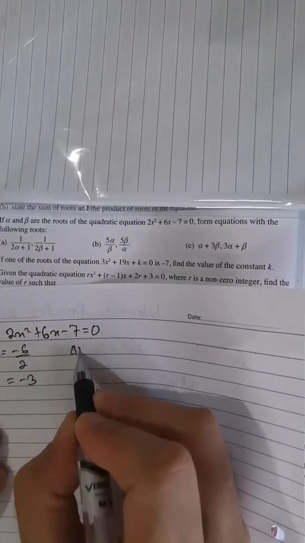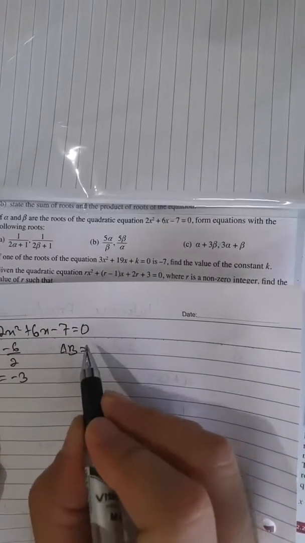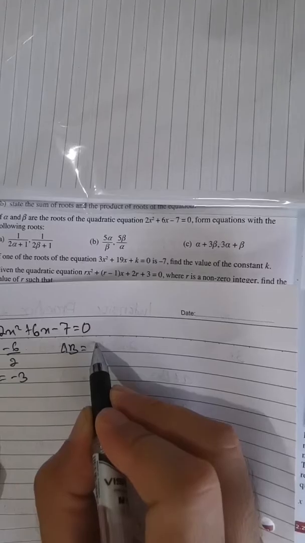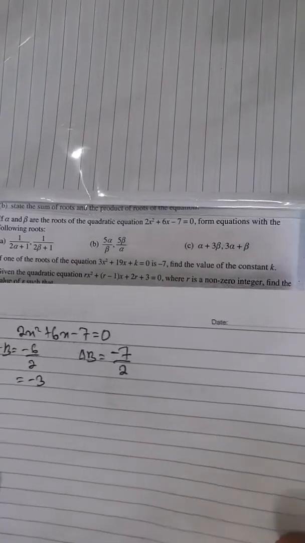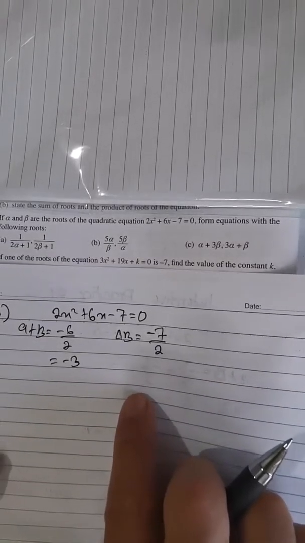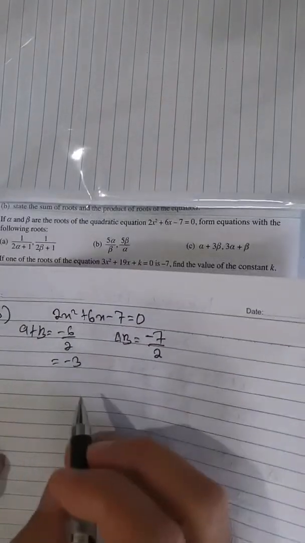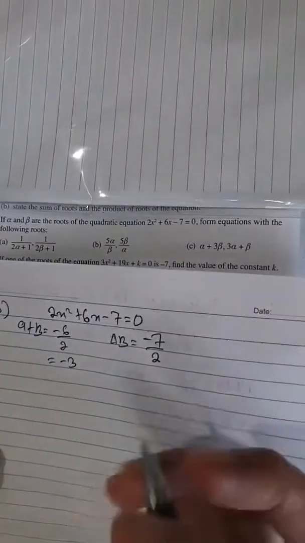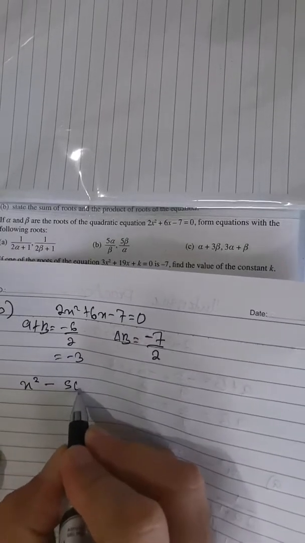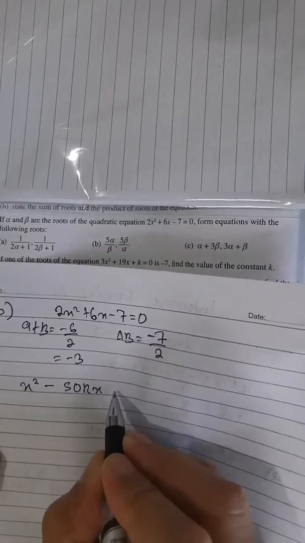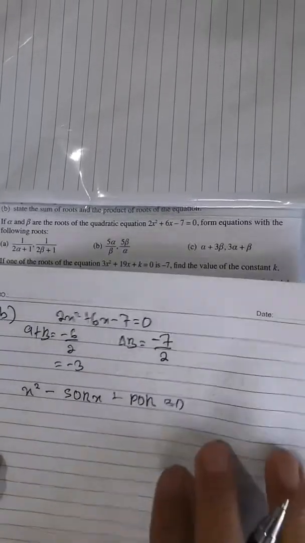The value for alpha beta, the product of roots, is c over a, which will be negative 7 over 2. And then we have to form the equation with the following roots. Again, I will repeat, the quadratic equation will be in this form: x squared minus sum of root times x plus product of root equals 0.